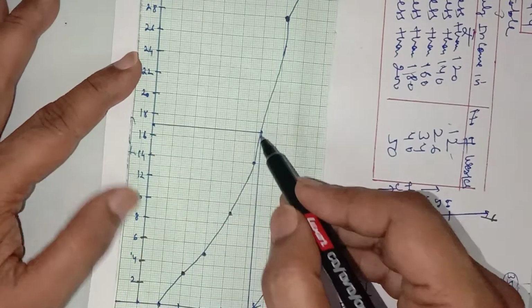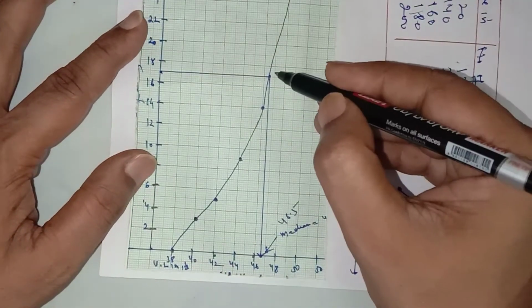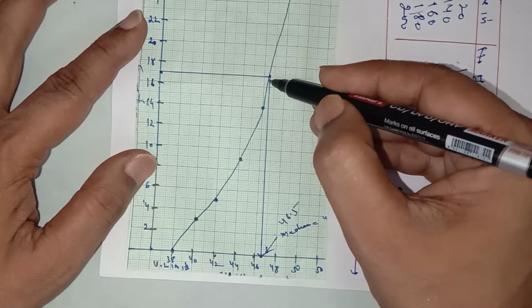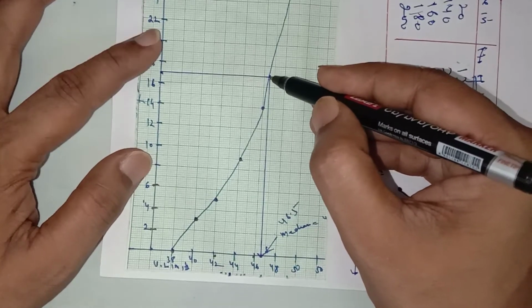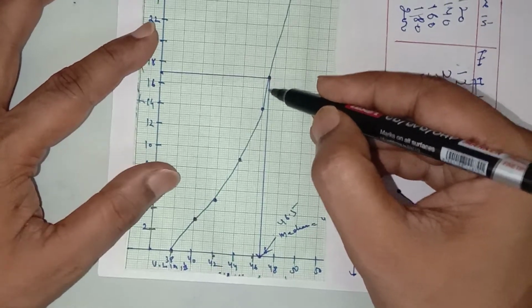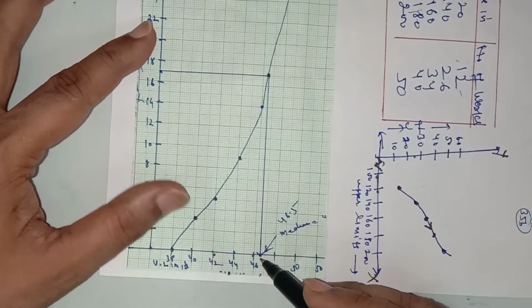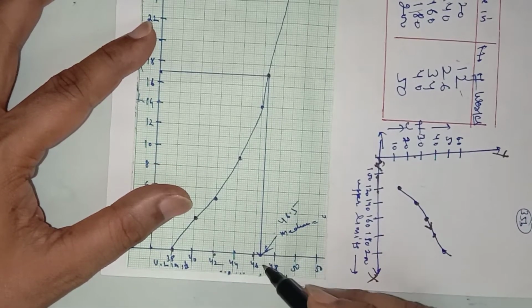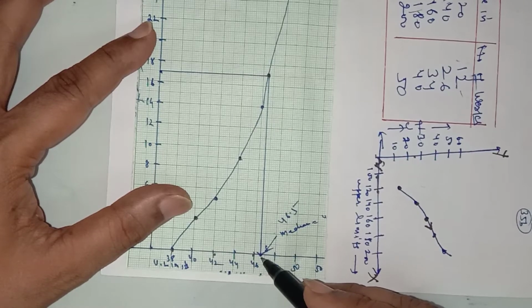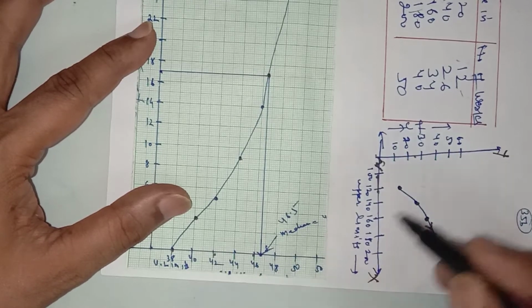Draw a line parallel to the x-axis. The point where it intersects the curve, from this point draw a perpendicular on the x-axis. The point where it intersects the x-axis, about 46.5, will be the median of this data.